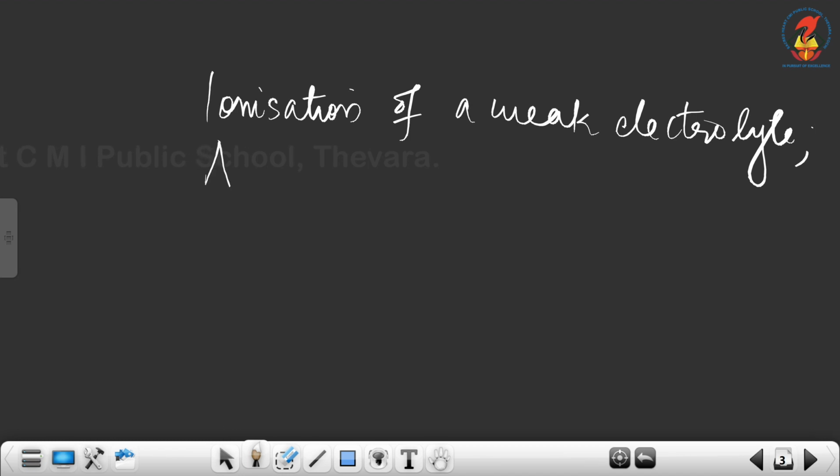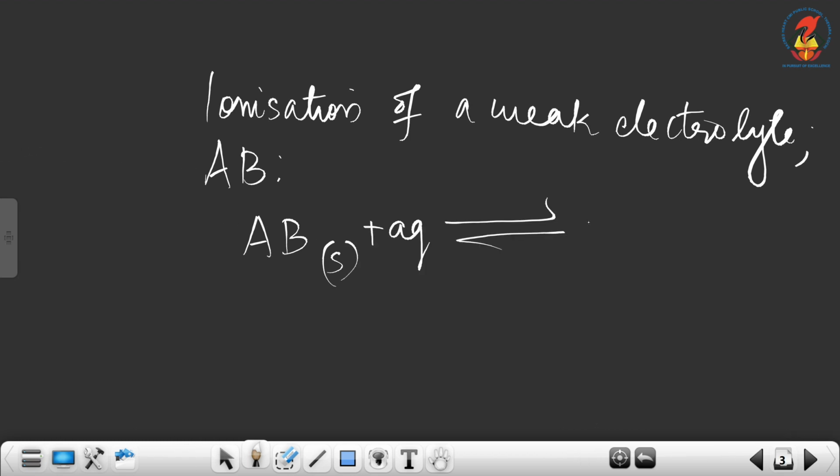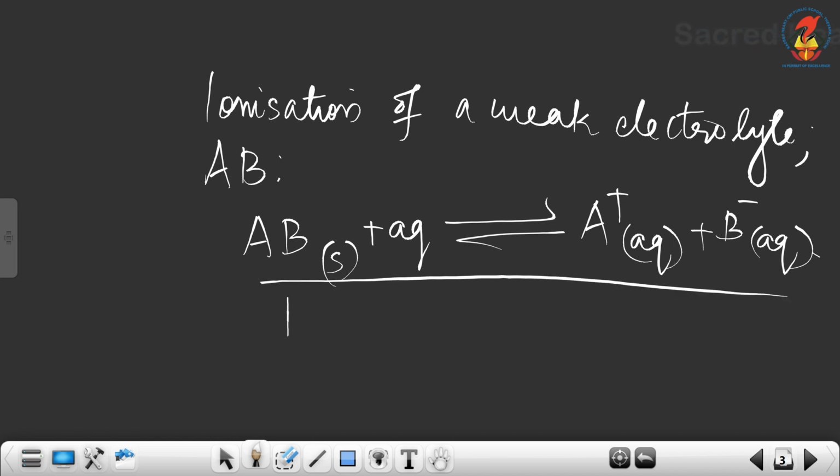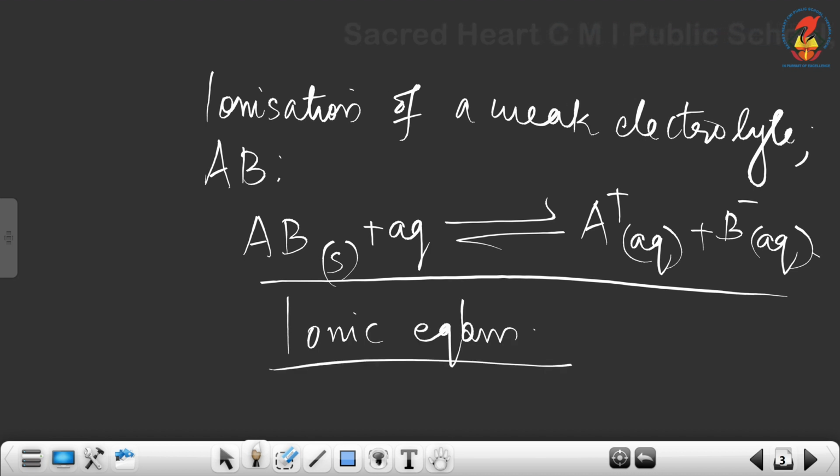Ionization of a weak electrolyte, AB, is written as AB (aq) gives A+ (aq) plus B- (aq). This type of equilibrium is called ionic equilibrium, meaning equilibrium involving ions.